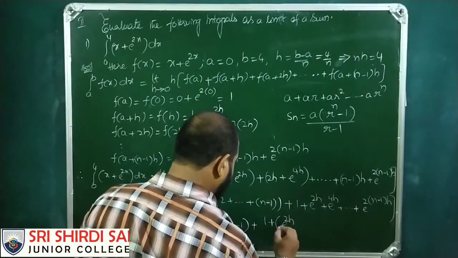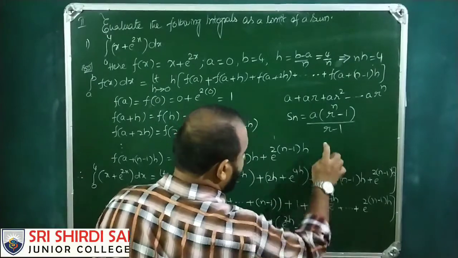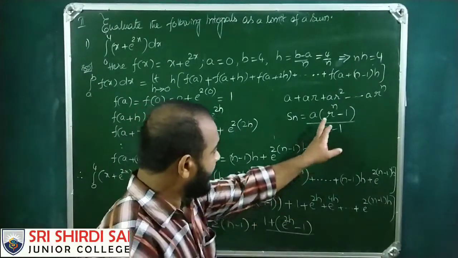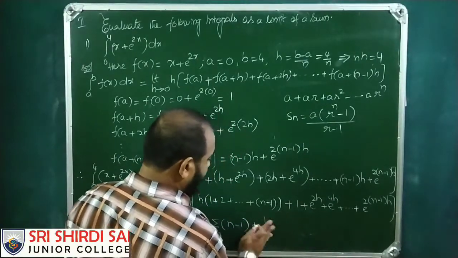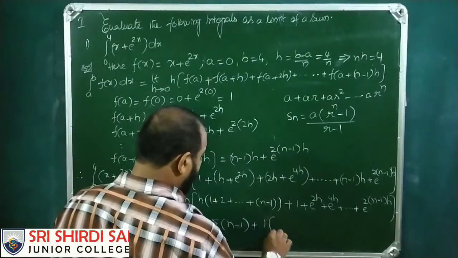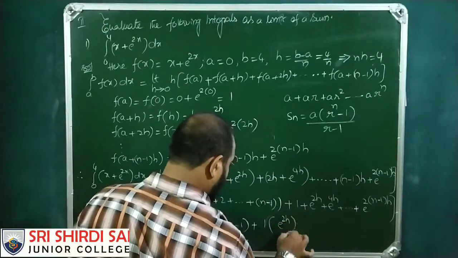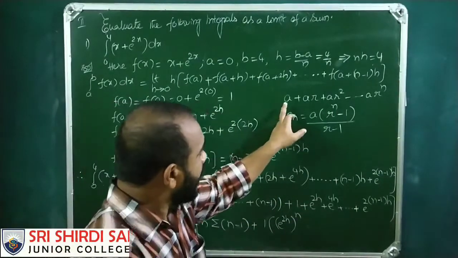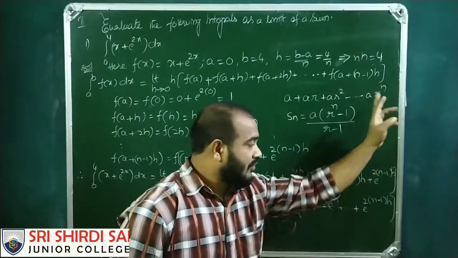So here it is 1 times ((e^(2h))^n - 1)/(e^(2h) - 1), because this starts from A to AR^n, that means the sum of n terms.